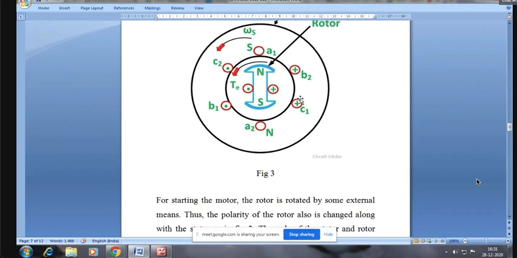Otherwise, the stator field will lock the rotor field and it will just drag it at its own pace. If I go one step further, once the interlock takes place between the two fields, the rotor will run at synchronous speed only. At no other speed it will run.